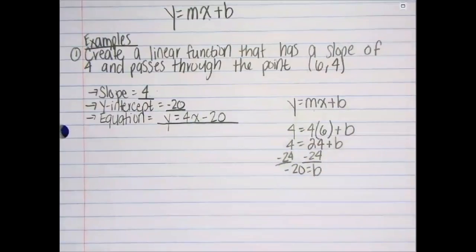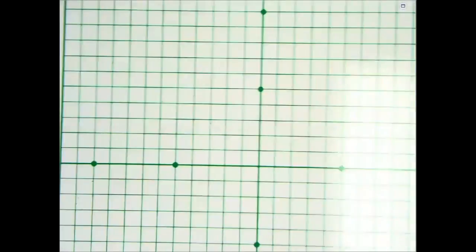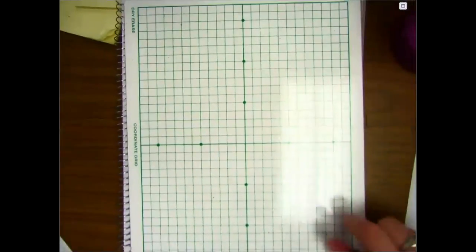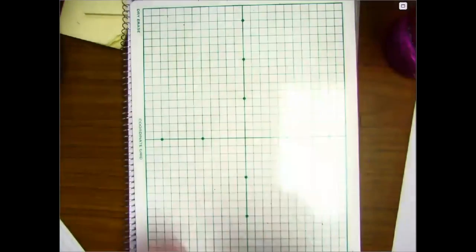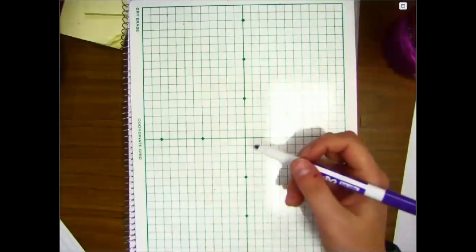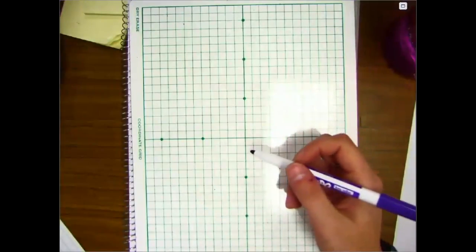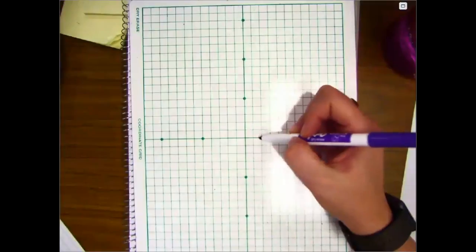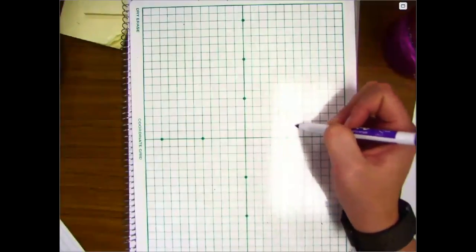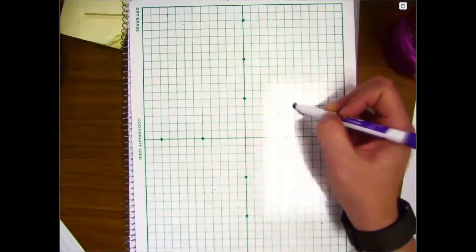Now, let's say you solve this using a graph. I need to first plot my point. What was that point? 6, 4. 1, 2, 3, 4, 5, 6. 1, 2, 3, 4.